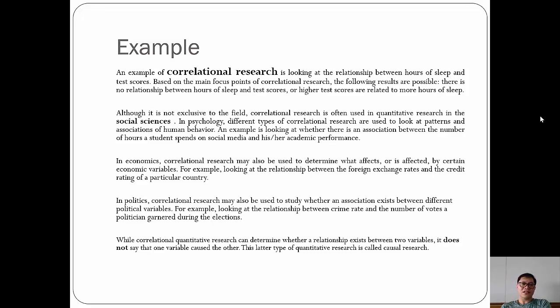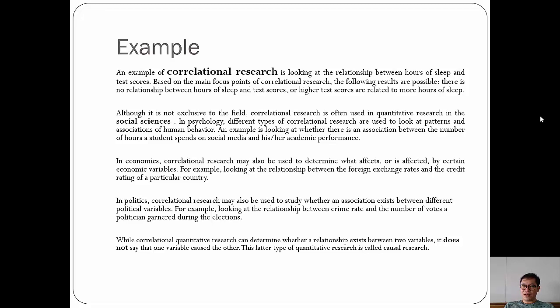Okay? Although it is not exclusive to the field, correlational research is often used in quantitative research in the social sciences, in psychology. Different types of correlational research are used to look at patterns and associations of human behavior. An example is looking at whether there is an association between the number of hours a student spends on social media and his or her academic performance.